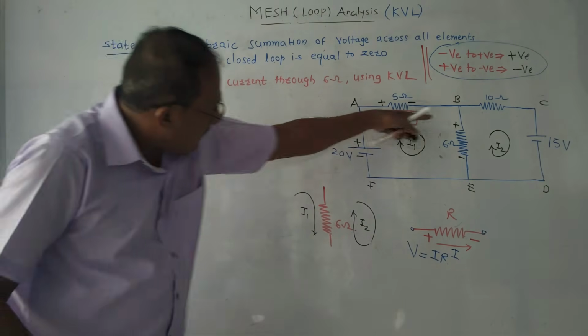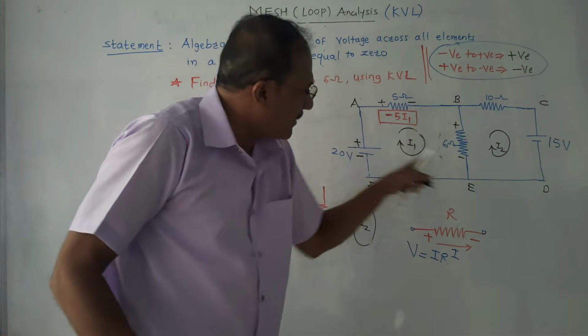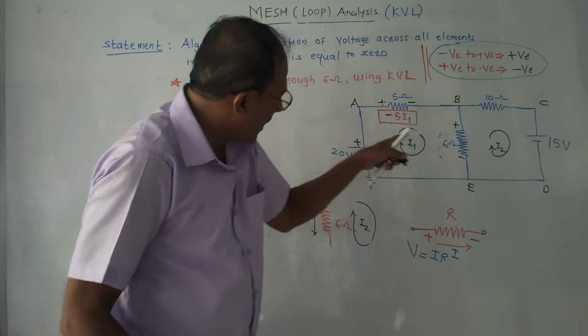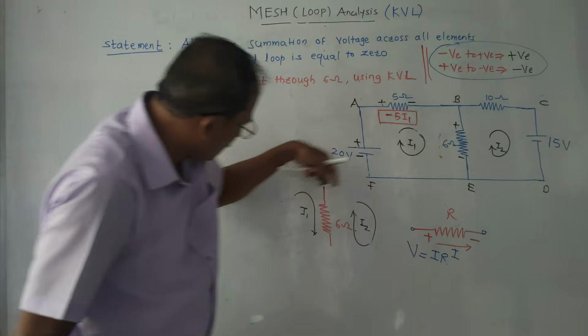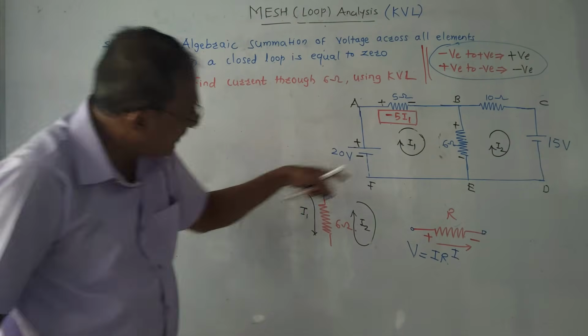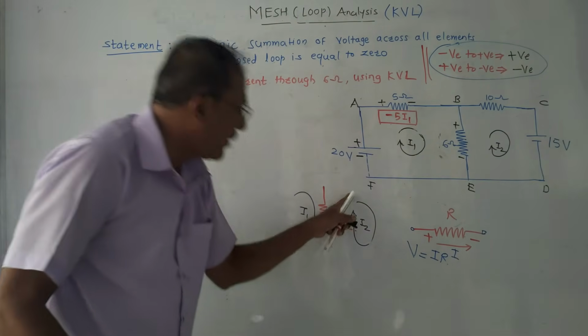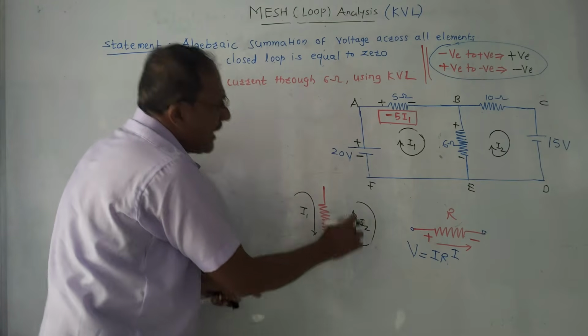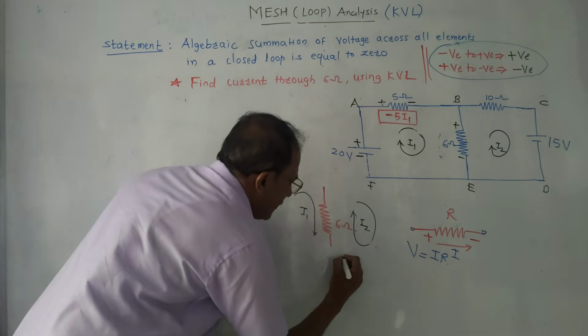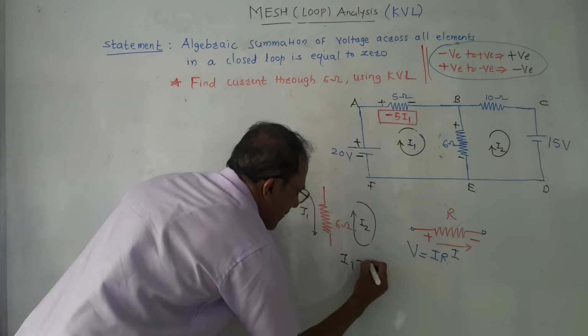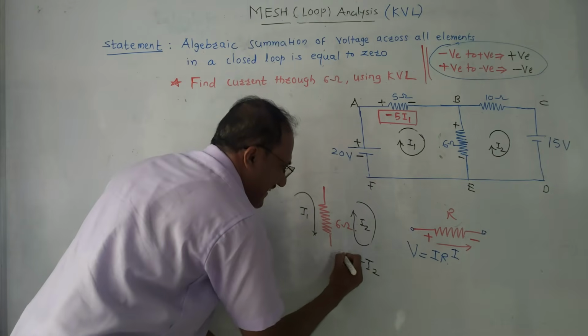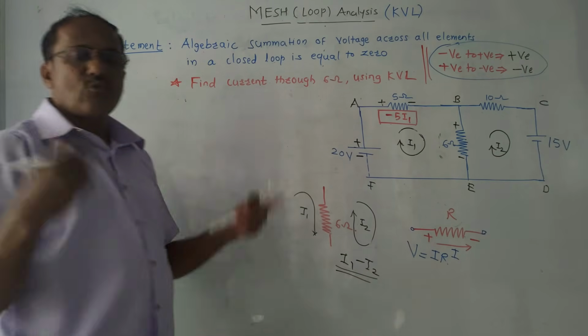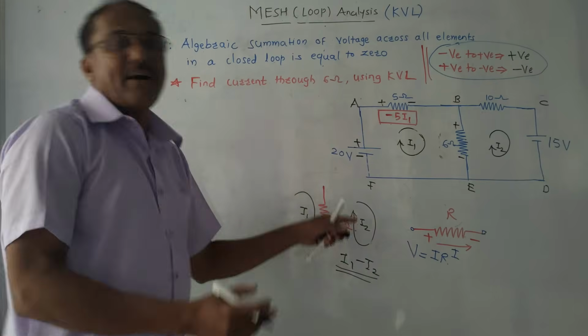Once again, through 6 ohm, I1 is flowing in the downward direction, whereas I2 is flowing in the upward direction. Since both are in opposite directions, I need to write this value as I1 minus I2. Question arises, why not I2 minus I1?